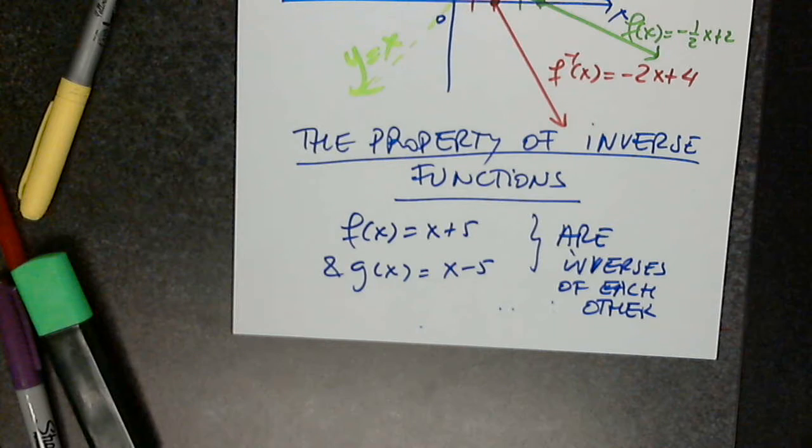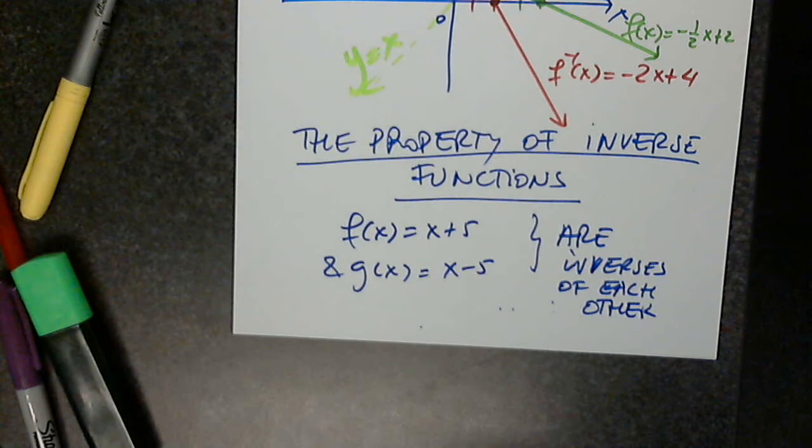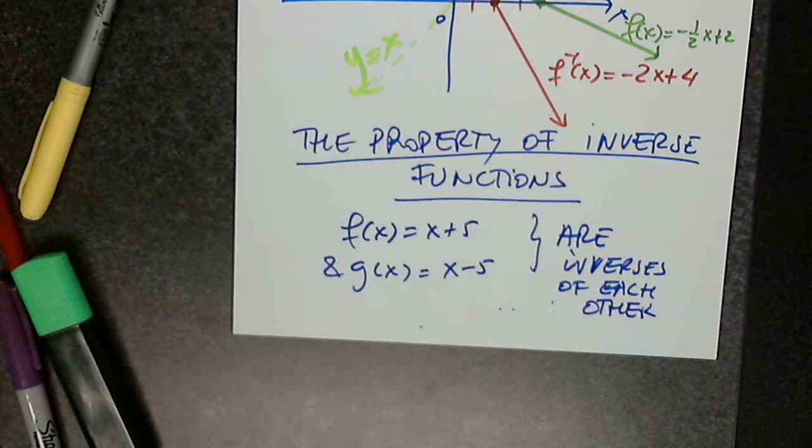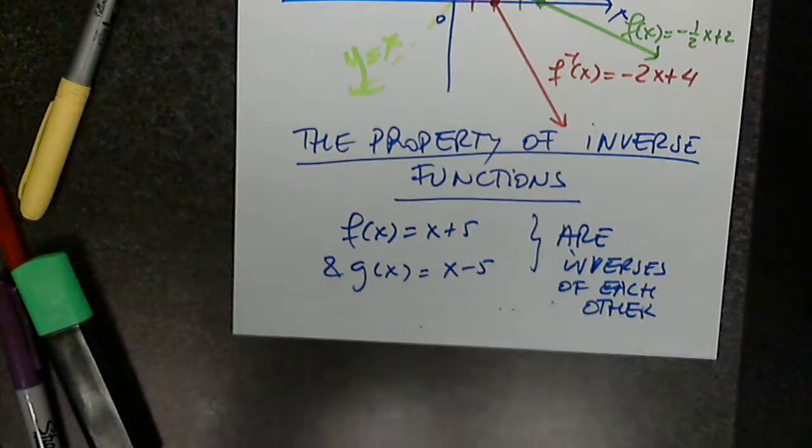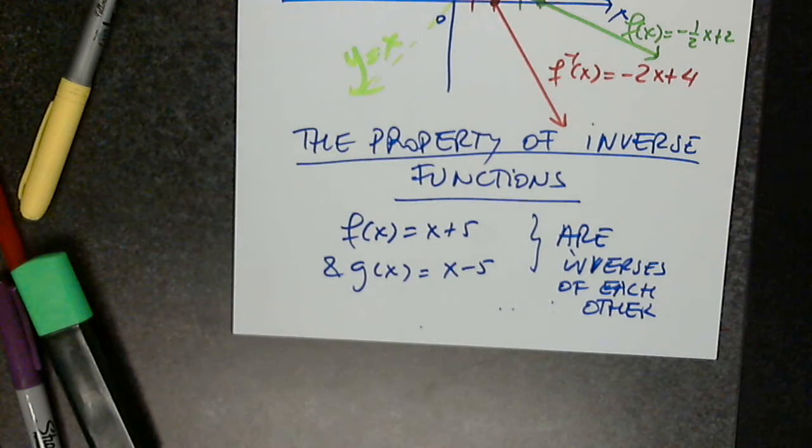Because they cancel their effect on x. So when I give you $5, I'm using x plus 5. When I take it back from you, I'm using x minus 5. How much are you left with? Right, nothing happened to x. So if I apply the two inverse functions on x in any sequence, I take 5 from you and I give you 5 back, you still have x.